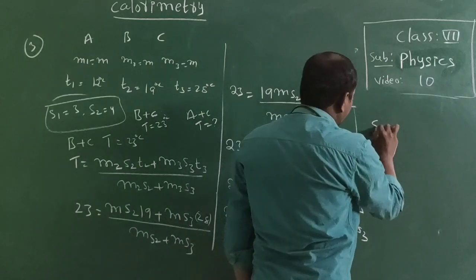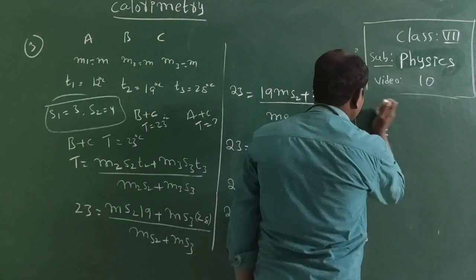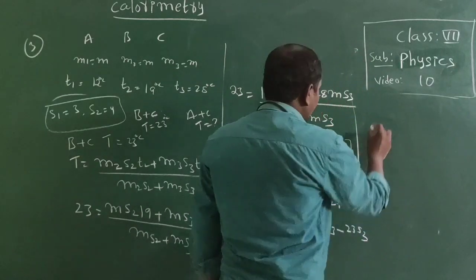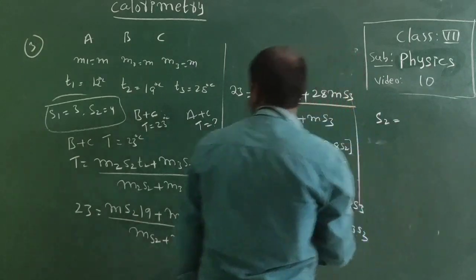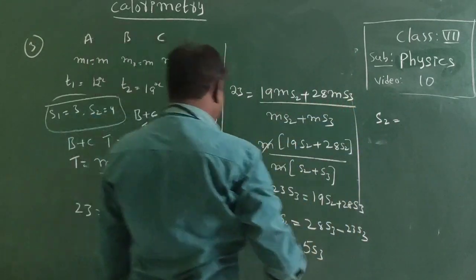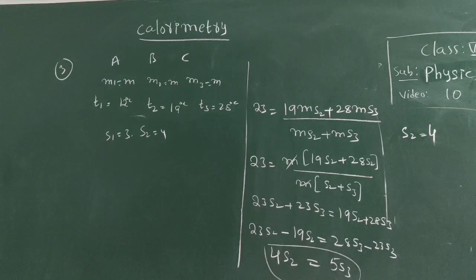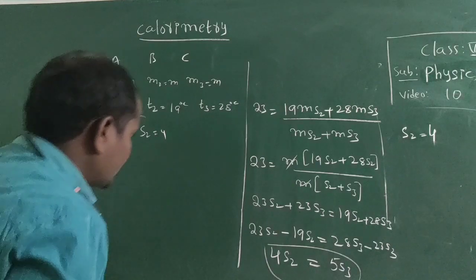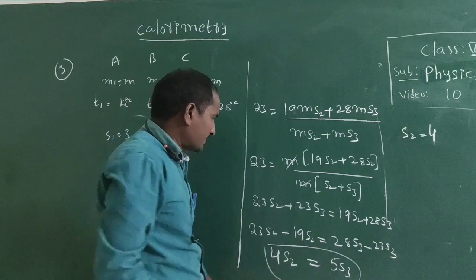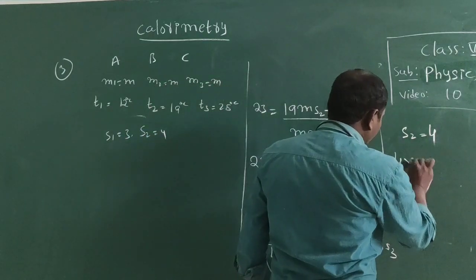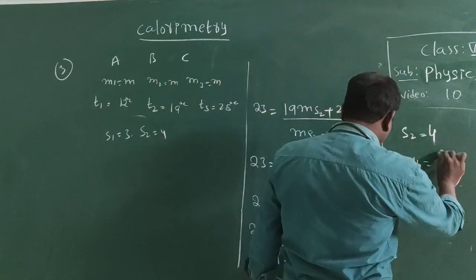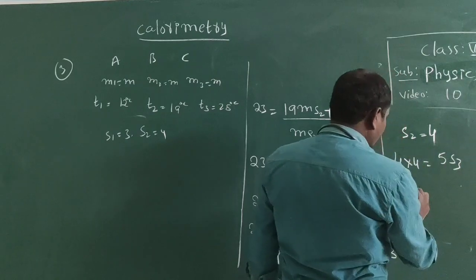But S2 equal to how much here? S2 equal to 4. So 4 into 4 equal to 5 into S3.